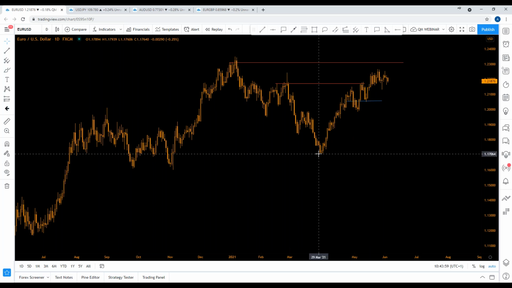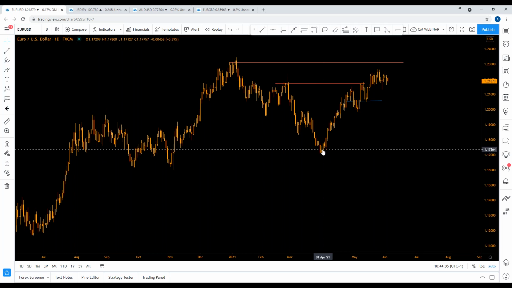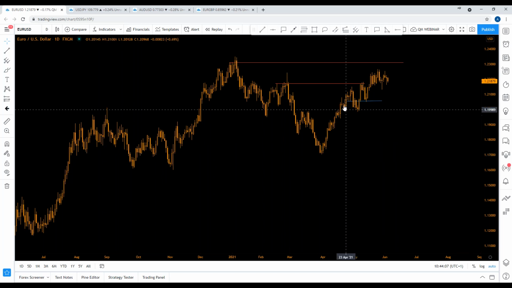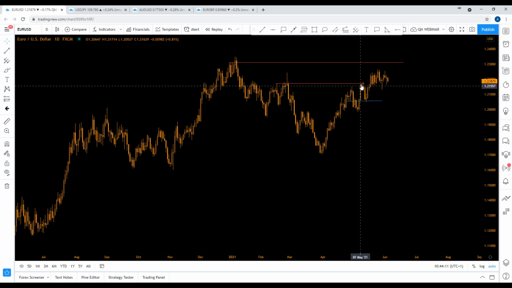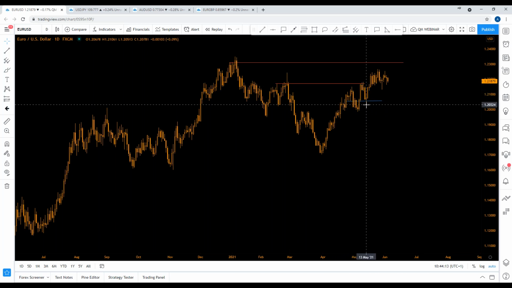Now, I did briefly touch on Quasimodo supports and Quasimodo resistances forming within the prevailing trend, and this is one of them here. We have the low, high, lower low, and higher high. And look at the pinpoint reaction that this formed. This is just absolutely, for me, it just can't be denied.